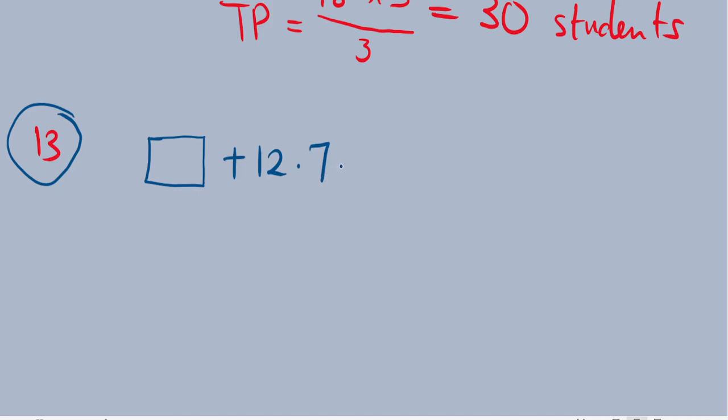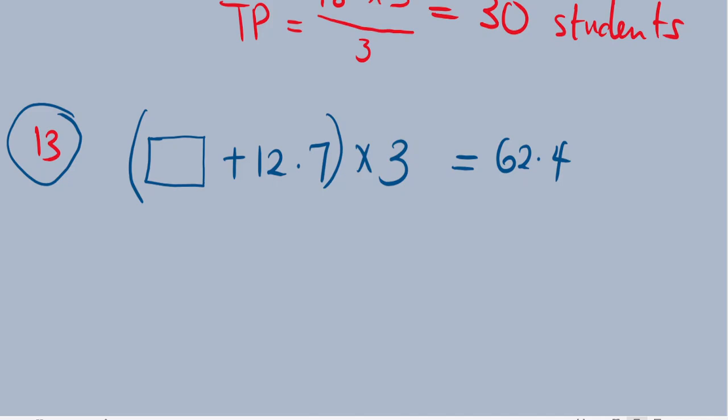Then she multiplies her answer by 3. And the result is 62.4. So I read again. Tayo enters a number into a calculator. She adds 12.7 and multiplies the answer by 3. The calculator now shows 62.4. What was the number that Tayo keyed in originally?